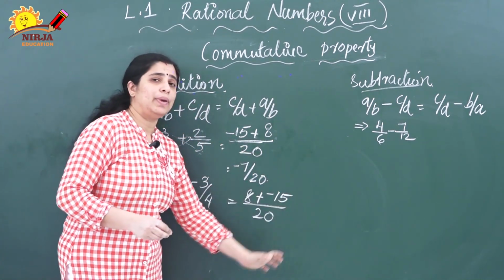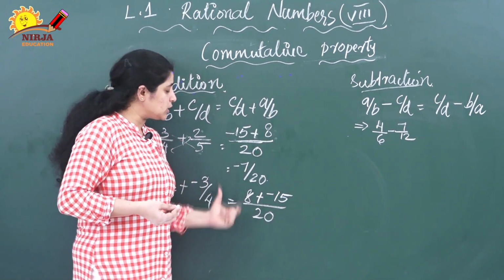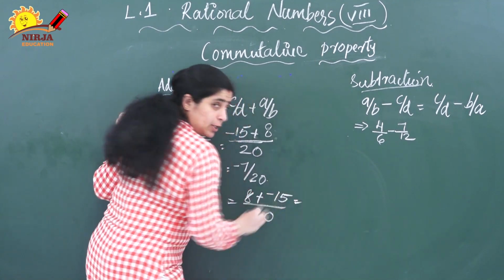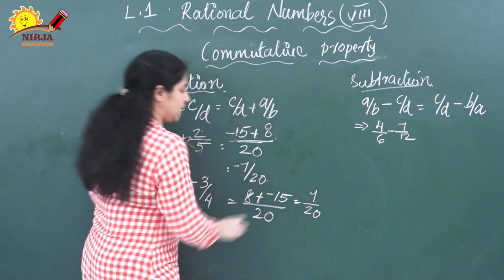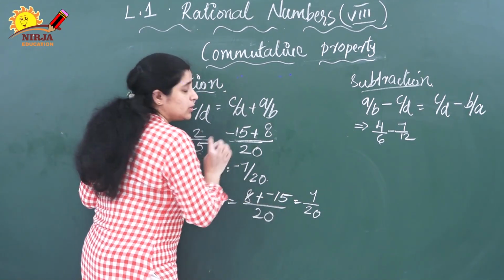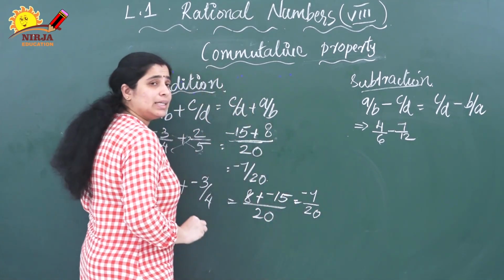Again you have to apply the same rule, addition of integers. Subtract the smaller number from the bigger number. 15 minus 8 means you will get 7, so 7/20. You have to put the sign of the bigger number. Here the bigger number is 15, so keep the sign of the bigger number, that is negative.